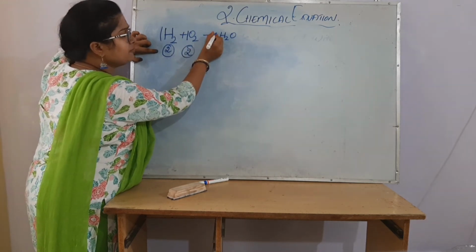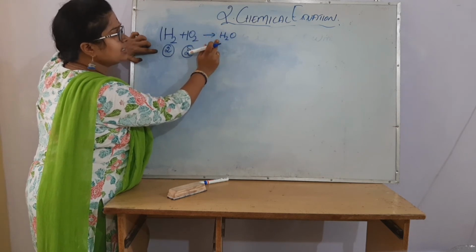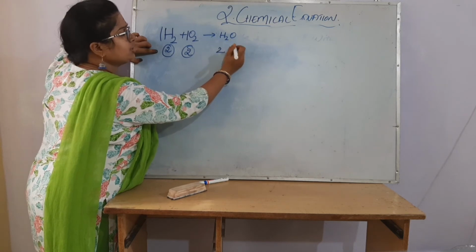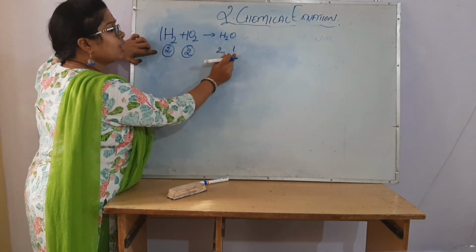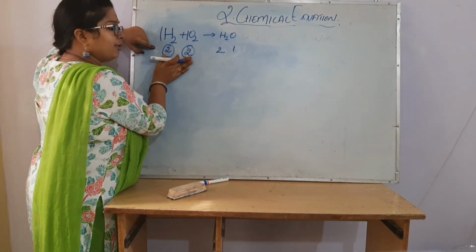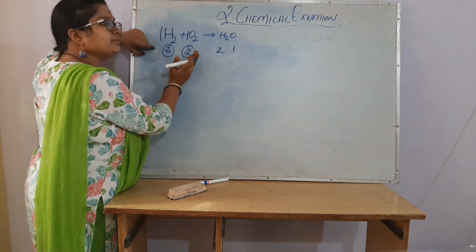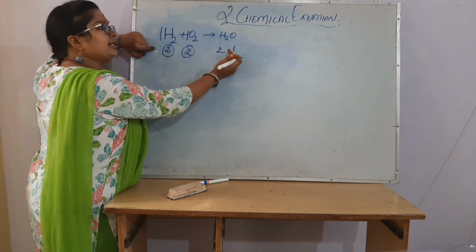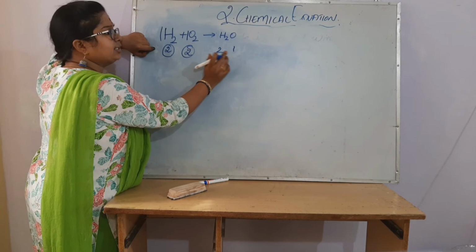If some coefficient is there here, it belongs to both this and this. But here nothing is there. So hydrogen is 2 and oxygen is 1. According to the law of conservation of mass, I need to balance the number of atoms participating in the reactant side. Those many should be there in the product. In the product side, the atoms or the ratio should not get reduced, isn't it?